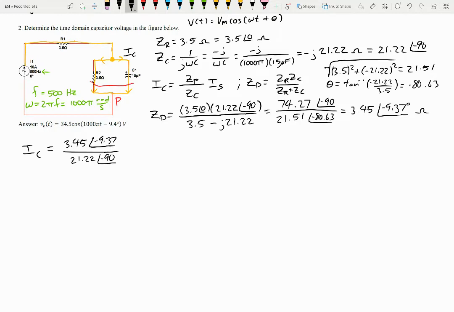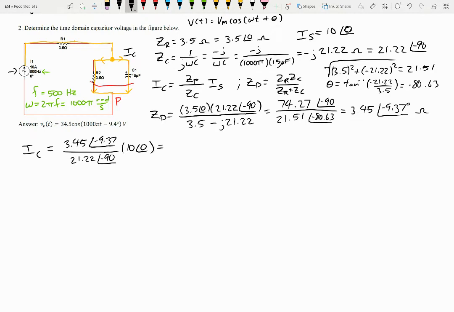Then our source current IS is just going to be 10 at angle 0. They'll provide it to you in an odd way like that, where they list it sometimes.